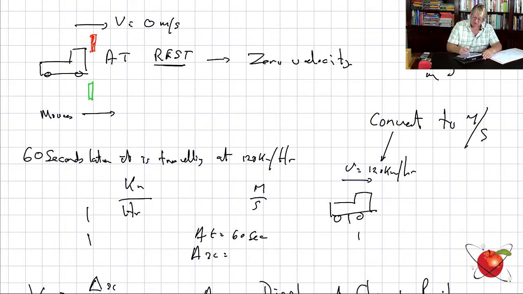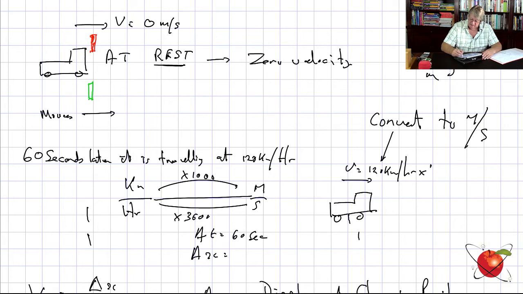Kilometers to meters, I must times by 1,000, and hours to seconds, times by 3,600, which then means I must times by 1,000 divided by 3,600. So 120 times 1,000 divided by 3,600 is equal to 33.33 meters per second.